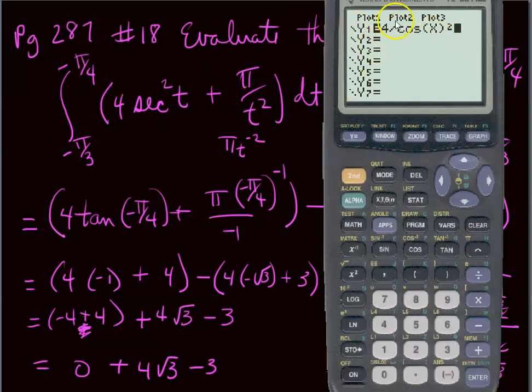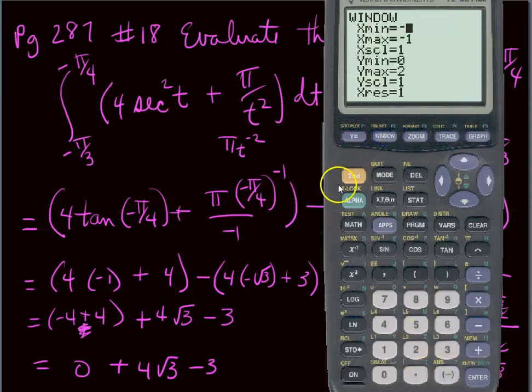Yes, that should work. This is 1 over cosine squared plus pi over x squared. And that should square just the x. Let me see. The window goes from a negative pi over 3 to a positive pi over 4.